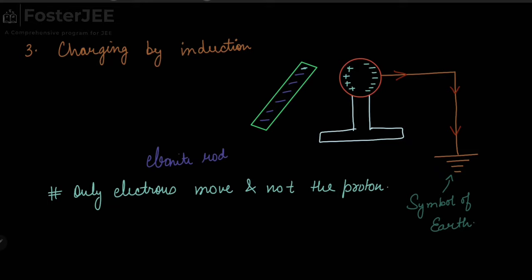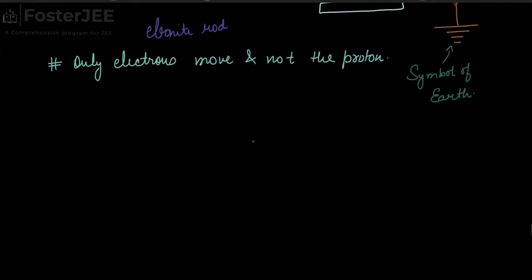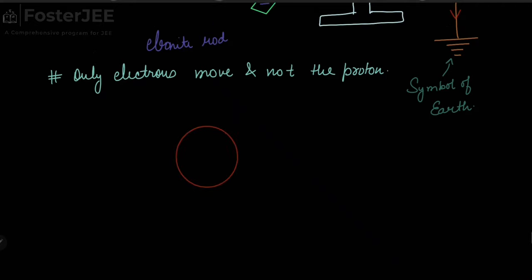But for the time being, we can see the electrons from this region where the electrons were in excess will now go into the earth. Now, what will happen? Say, if this is our sphere, now negative charge has gone into the earth.